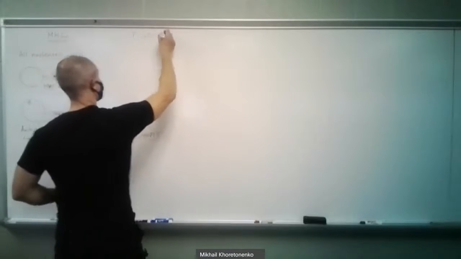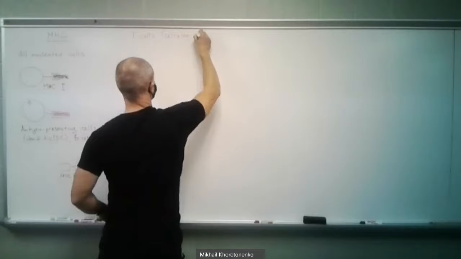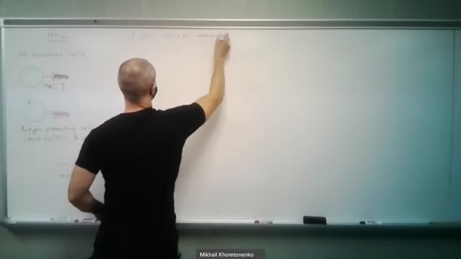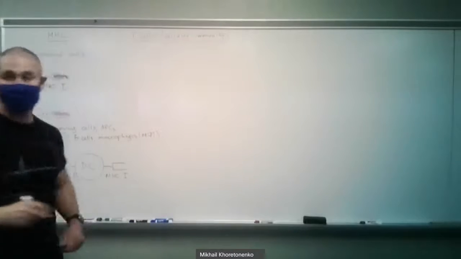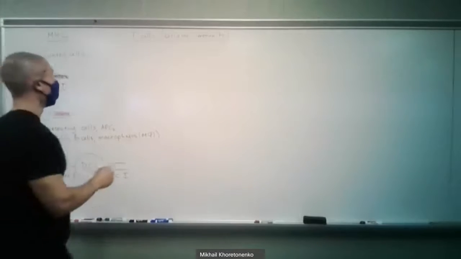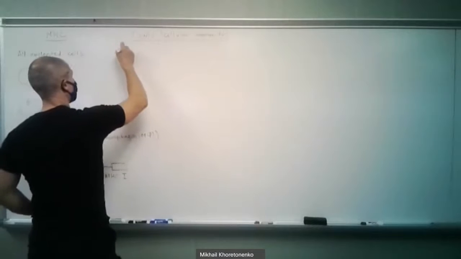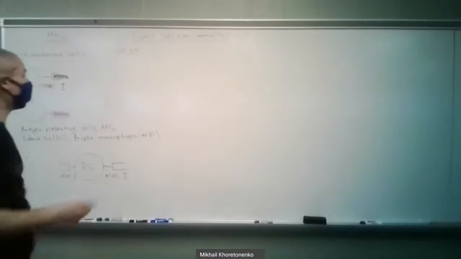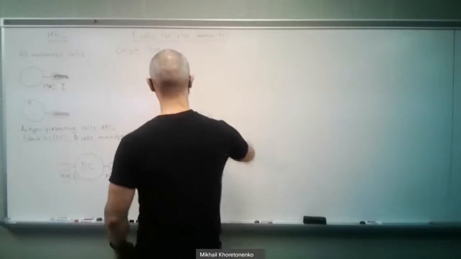So we're going to switch gears a little bit and talk about T cell development. T cells mediate cellular immunity. And this is how it works. So the origin of T cells is hormonal.